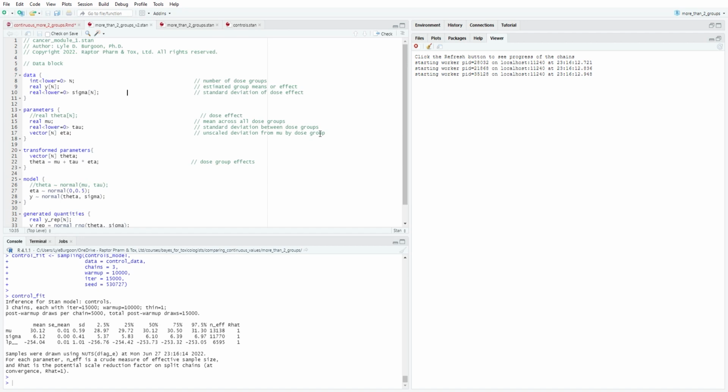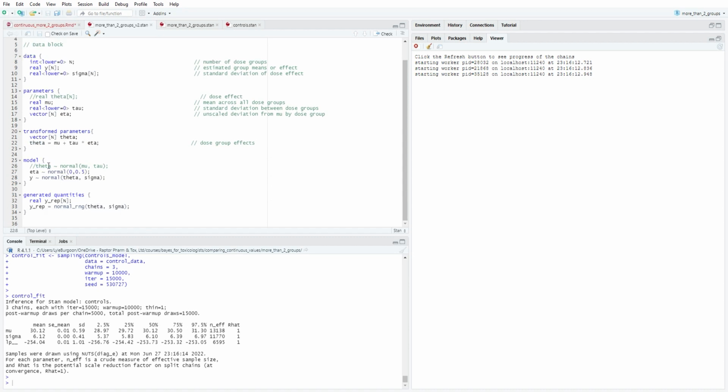mu by dose group. What we're going to do that's kind of interesting here is we're going to calculate theta. Theta's what we actually really care about. And we're going to do it by bringing in mu plus tau times eta. So we're going to multiply tau, which is that standard deviation between dose groups, by this unscaled deviation.